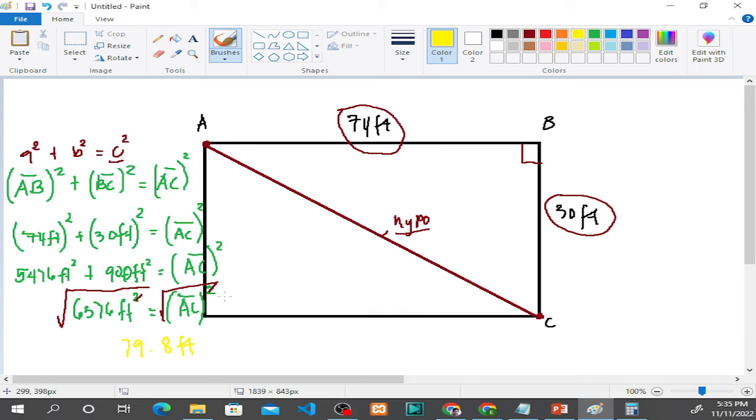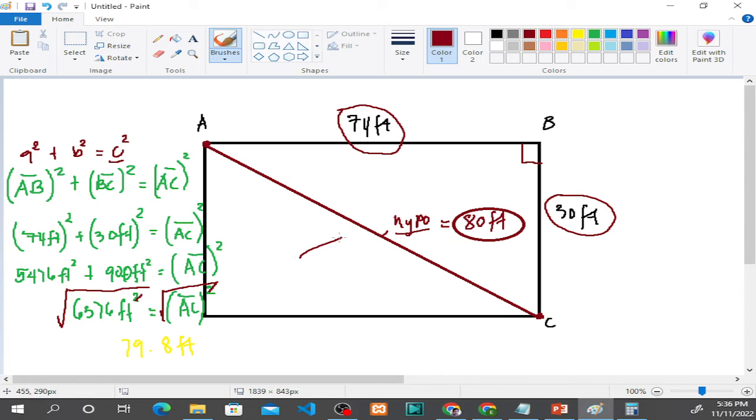or to be exact, the length of this is 79.8 feet, but we can round it off to 80. Okay, so let's say that the hypotenuse is equivalent to 80 feet, and this is actually our displacement from point A to point C. Yeah, there we go.